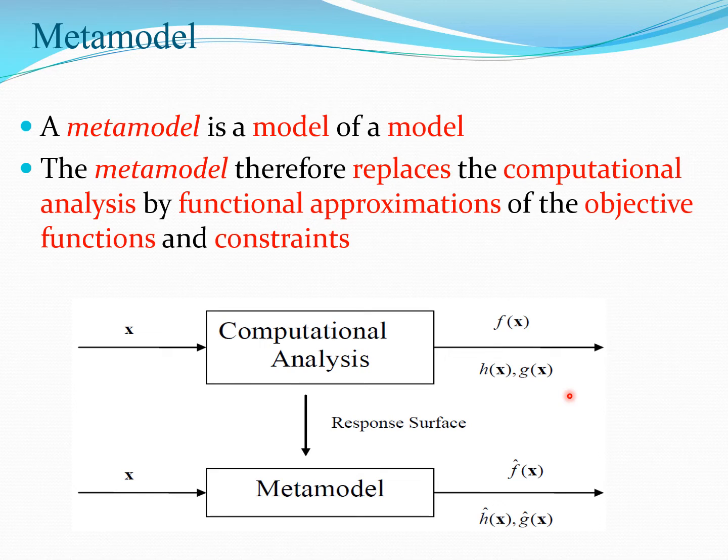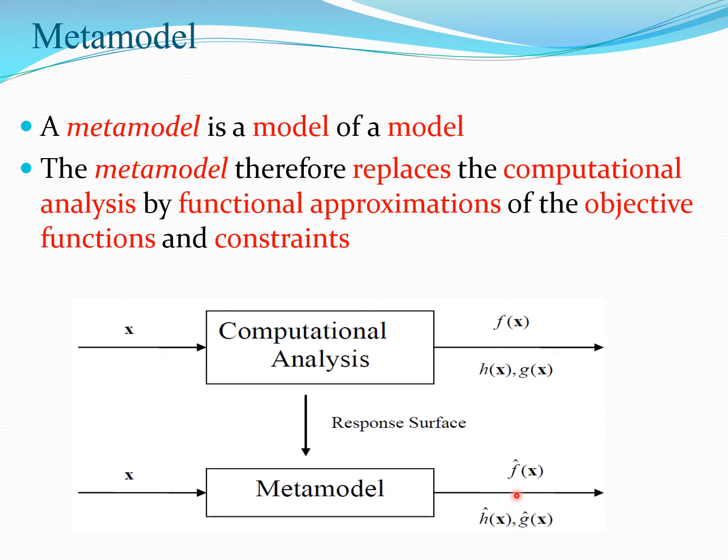Now what you do is that you replace this computational software by this so-called metamodel. And essentially in the metamodel, if you feed this vector x, it also gives you values of f, h, and g, but these are not the exact values which you get from your computational code most of the time, but are very close to those values.